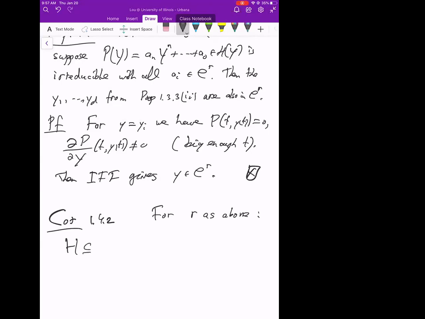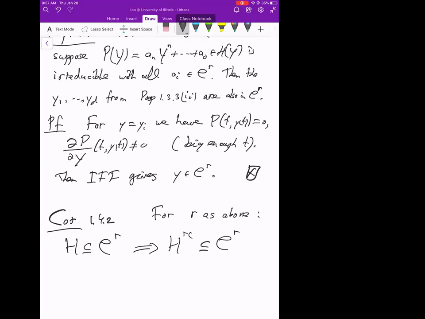If the whole H is contained in CR, then its real closure is contained in CR as well, right? Because the elements of HRC will be actually, right.